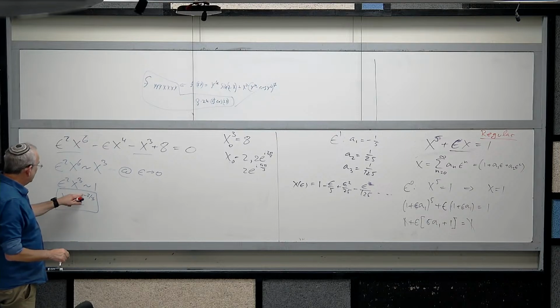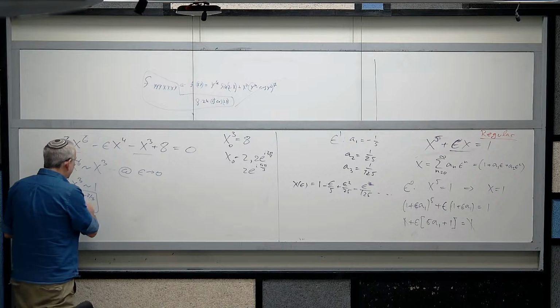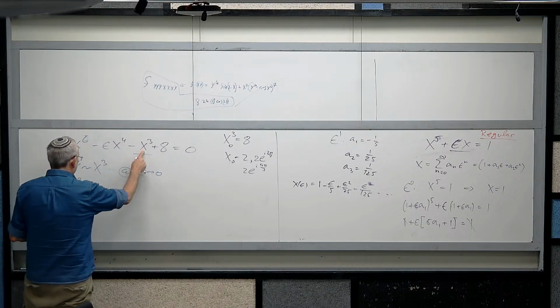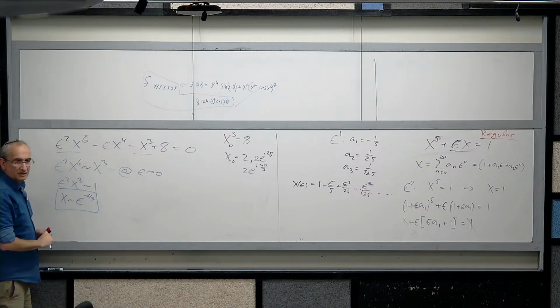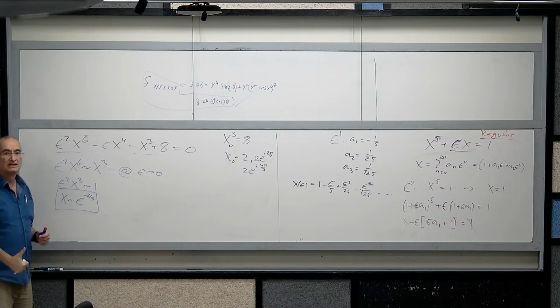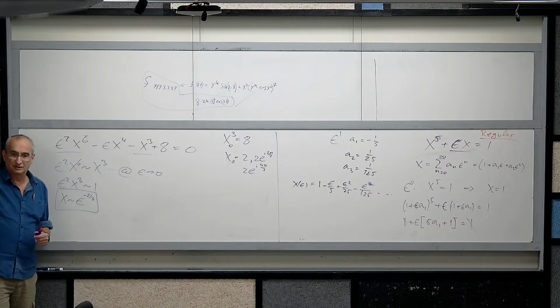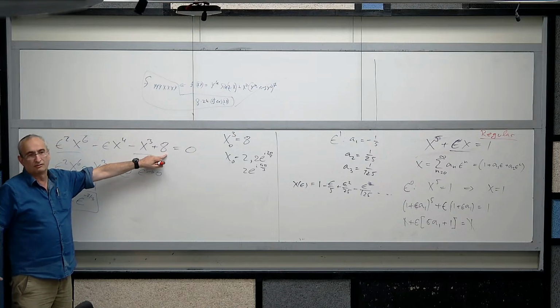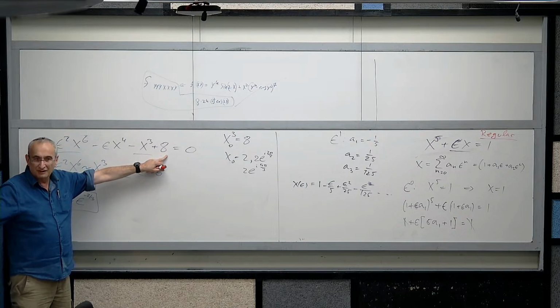Let's just check for consistency. If x is going like epsilon to the minus 2/3, then as epsilon goes to 0, this will be epsilon to the minus 2, and this will be epsilon to the minus 2. So they will diverge like epsilon to the minus 2. Now, this term is a constant, so it will not diverge as epsilon goes to 0.